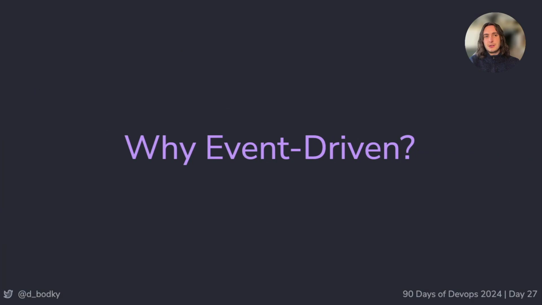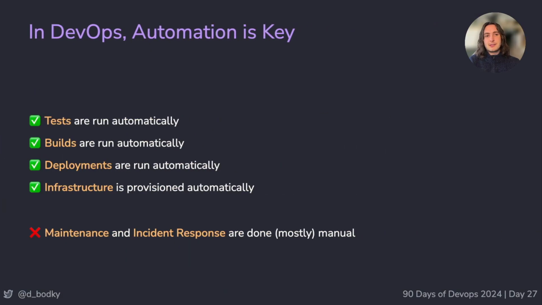Well, the answer to the question why event-driven is quite easy. If we look at DevOps and the software development lifecycle, automation already is reality. If we look at how we run tests, build software, deploy our software, and manage our infrastructure deployments, most of this happens automatically via CI/CD pipelines with intricate systems, automatic scaling here and there.